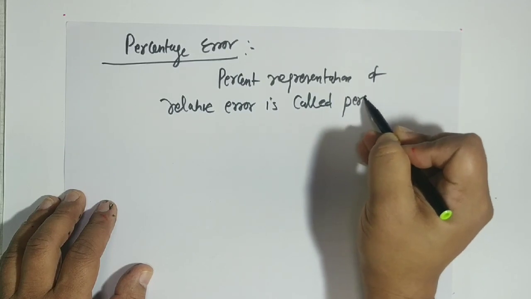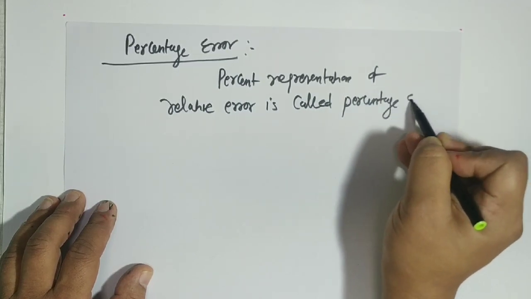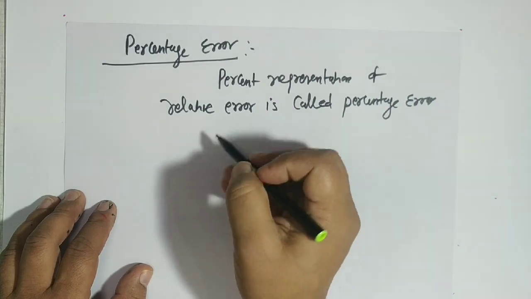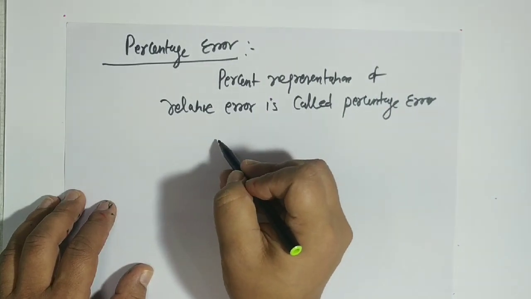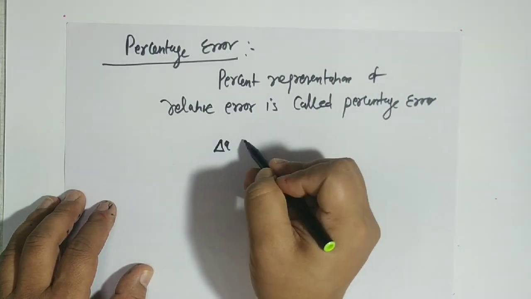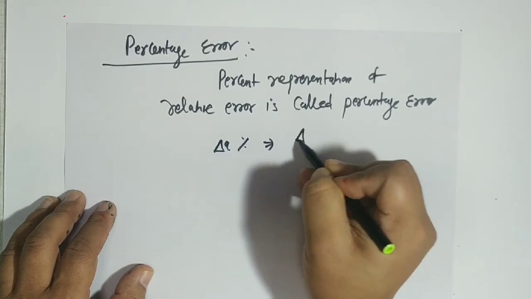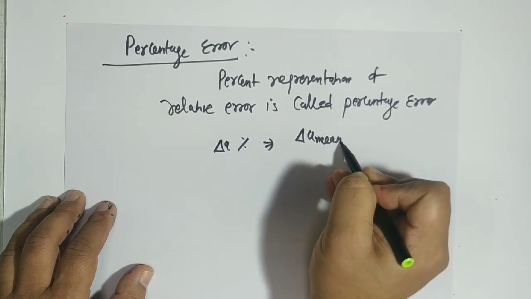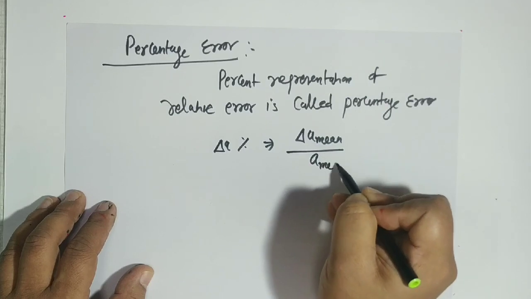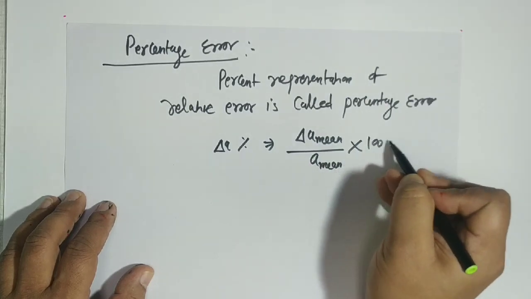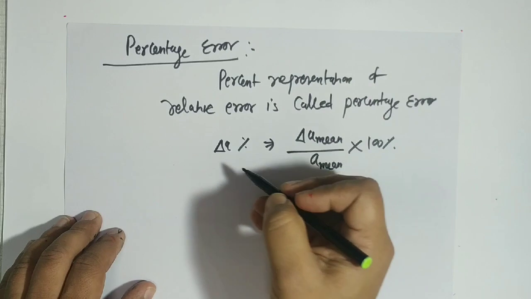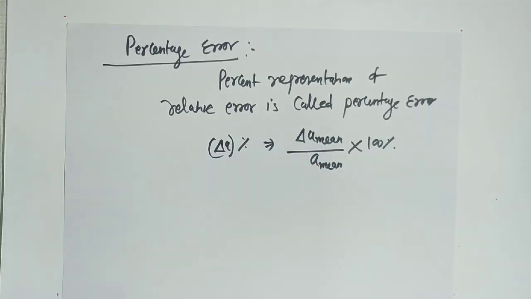That means you can find the percentage error in different measurements. It is delta a mean divided by a mean, multiplied by 100%. That is how we define percentage error.